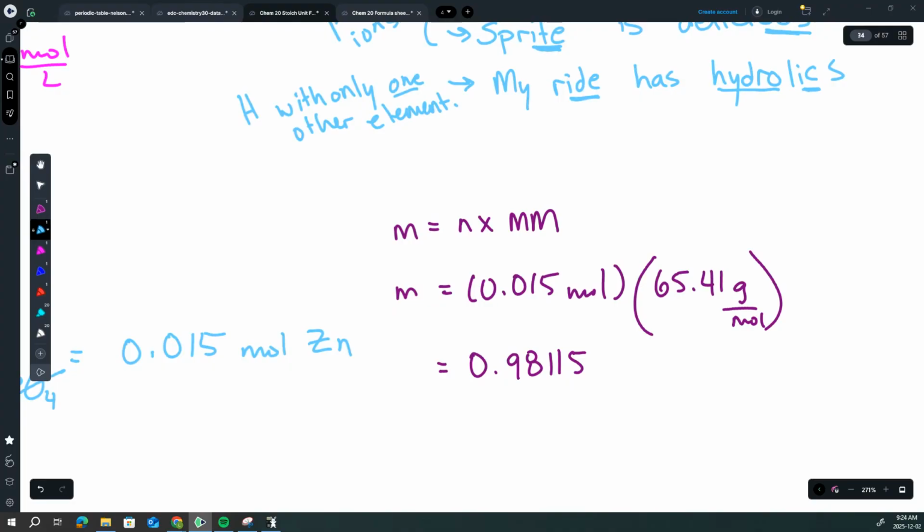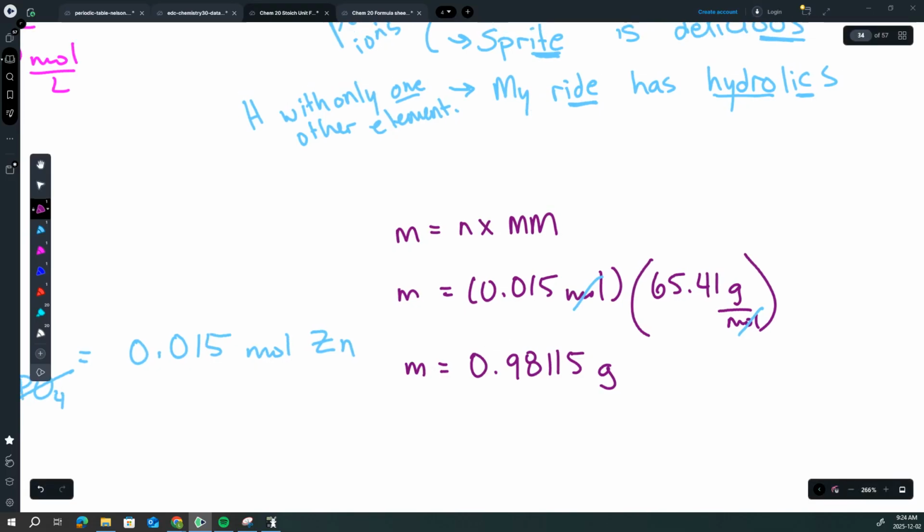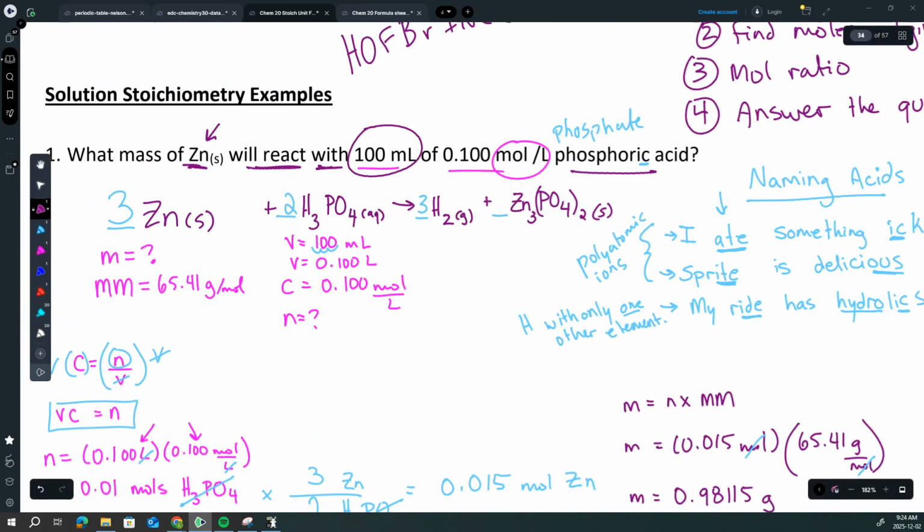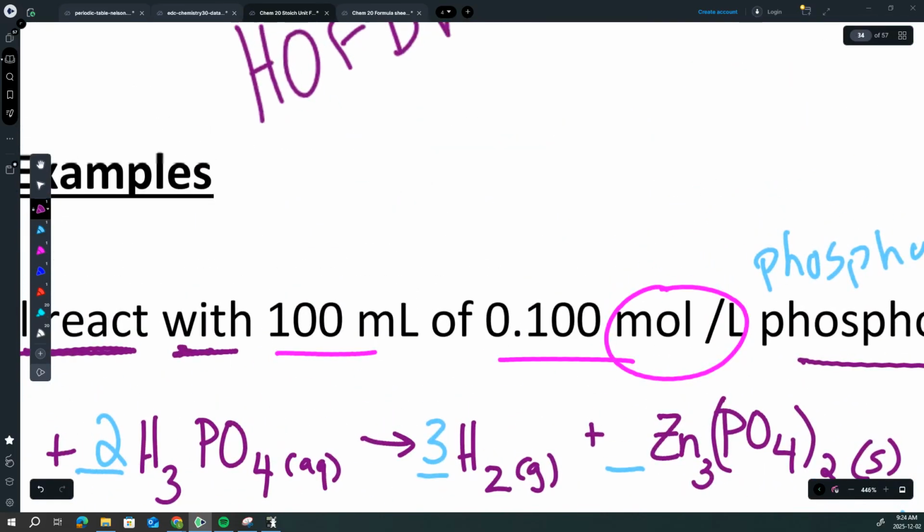For our units, moles is in the top and the bottom, so they cancel out, so this is in grams. All right, so with sig digs, it looks like the two numbers that we were given are both in 3 significant digits. As a reminder, leading zeros do not count as significant, but trailing zeros and any digit that isn't 0 do count as significant.